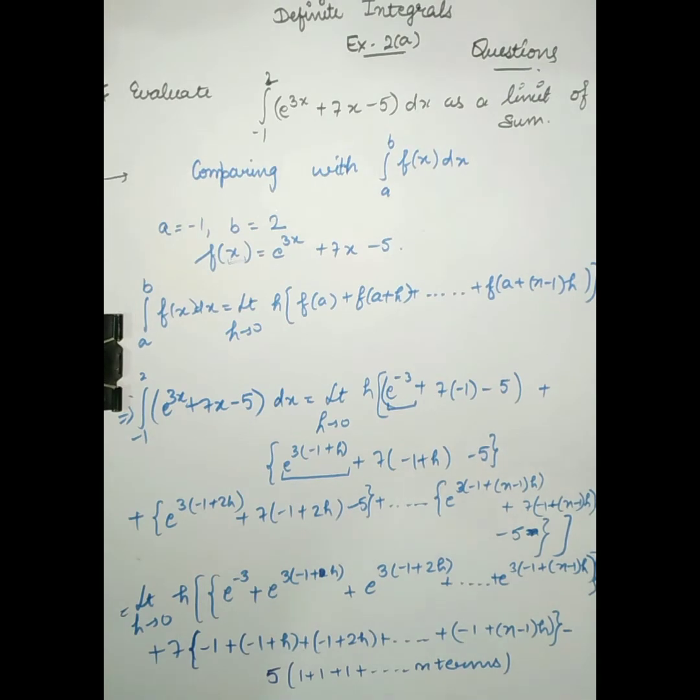Then by multiplying e raised to the power 3 into -1 into this term, we get e raised to the power minus 3 in each and every term. Then we will take e raised to the power minus 3 common, and from this term we will separate out minus 1 plus minus 1 plus minus 1 up to n terms.